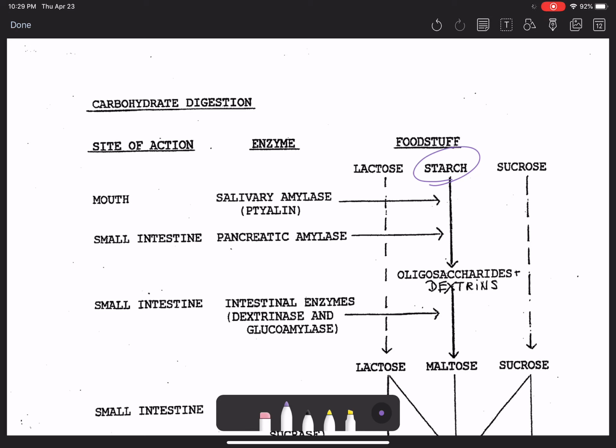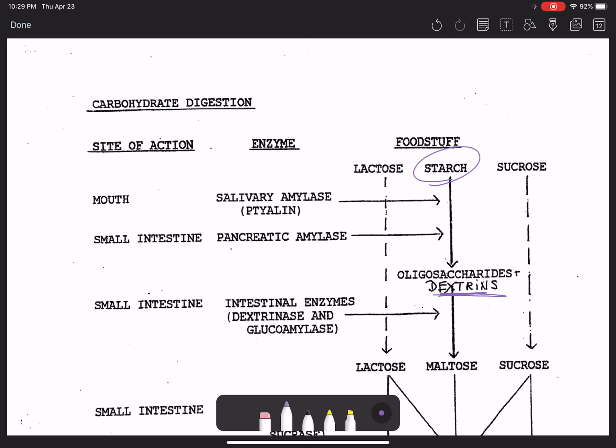And so it just starts breaking random linkages between glucose molecules in these very long, elaborate branching chains of the starch molecule. And so what you get is basically miniature starch molecules, otherwise known as dextrins. They're oligosaccharides, meaning they're not quite as big as the original starch polysaccharide, but it's still basically the same thing, just lots of branching chains of glucose molecules linked over and over again.